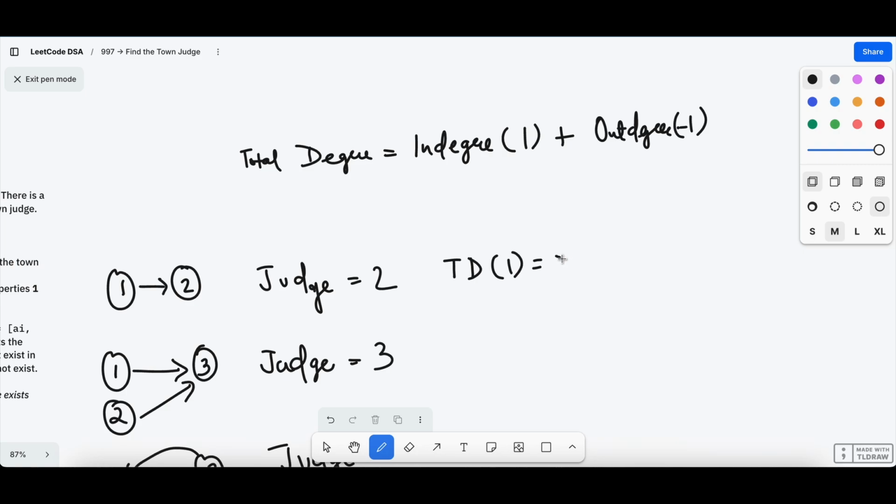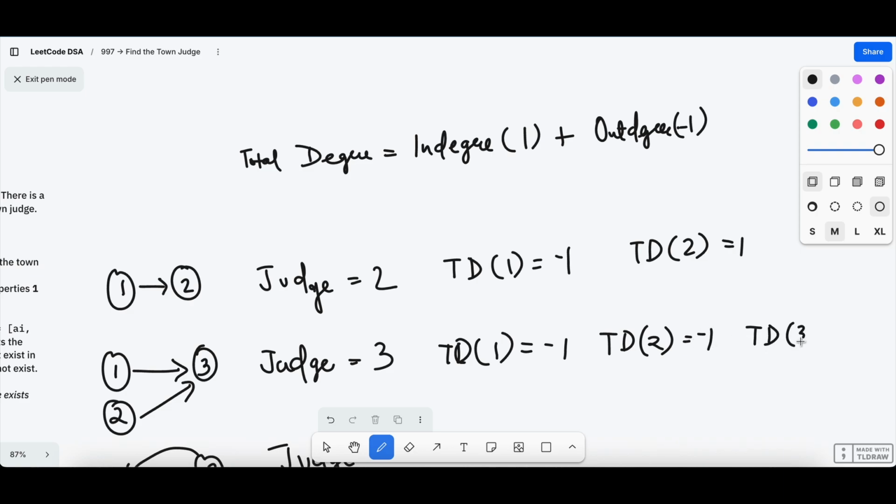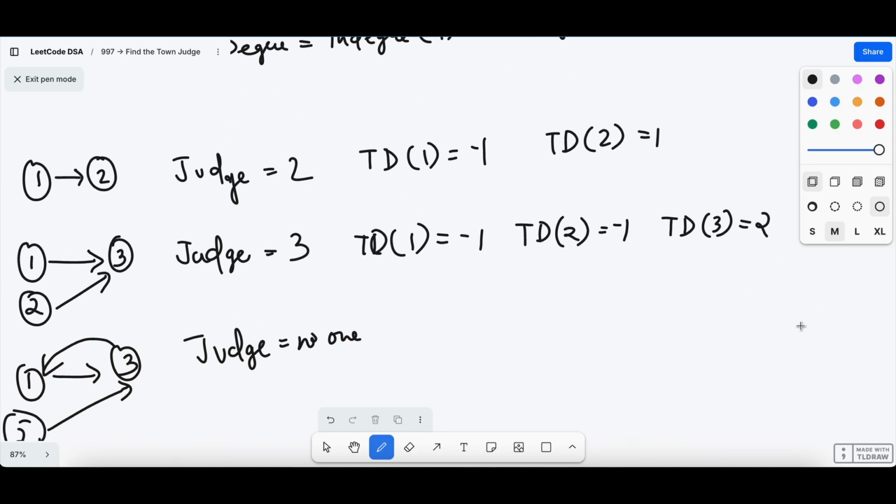So here 1 is -1 and the total degree of 2 is 1 because the in degree is 1. Here the total degree of 1 equals -1, total degree of 2 is -1, total degree of 3 equals 2.